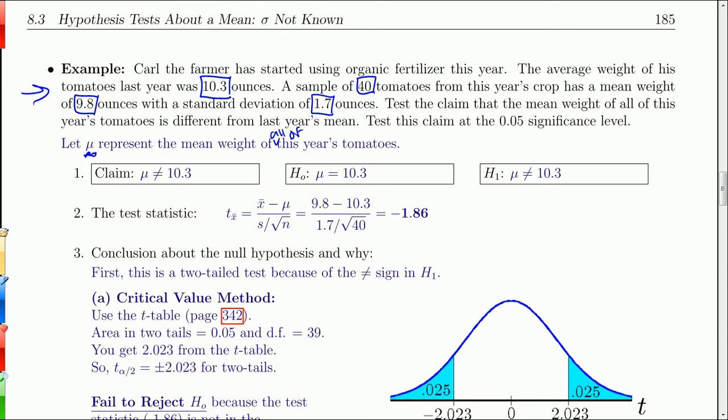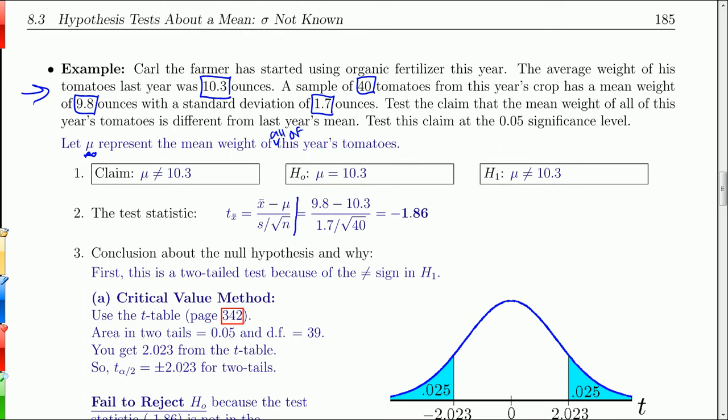It's not trivial. Once you get this straight, the null always gets the equal to sign, and the alternate supports the claim if it can, while being different than the null. And it can, so it gets the claim.